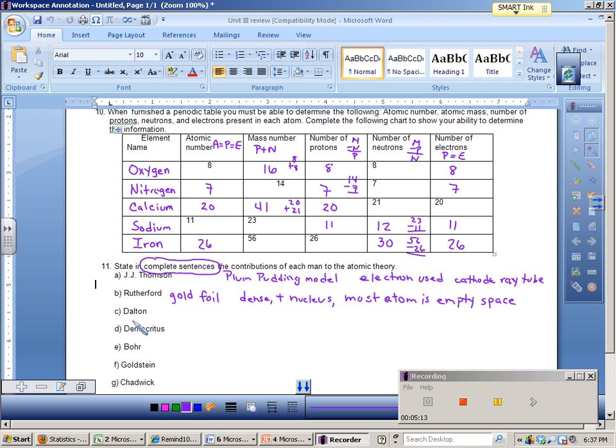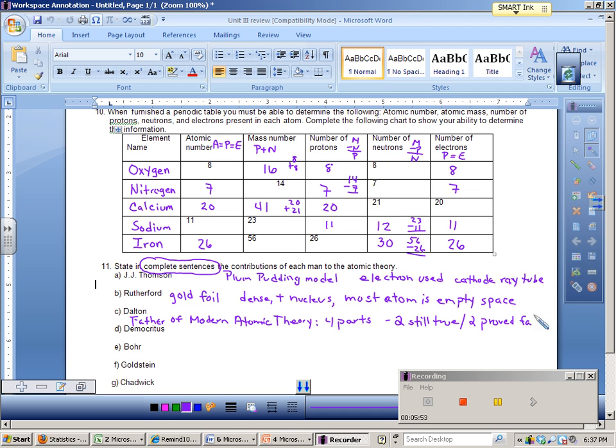Dalton is our father of modern atomic theory. His theory had 4 parts. You need to know the 4 parts of his atomic theory and be able to identify there are 2 that are still true. That's a 2, believe it or not. And 2 have proved to be false.